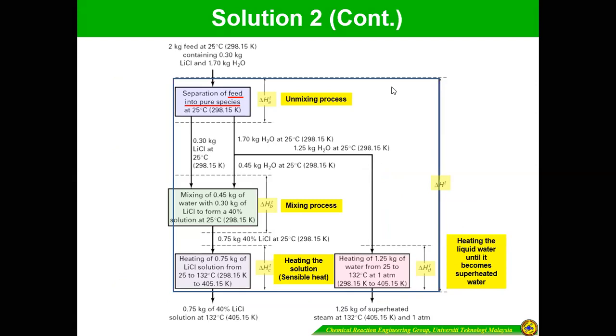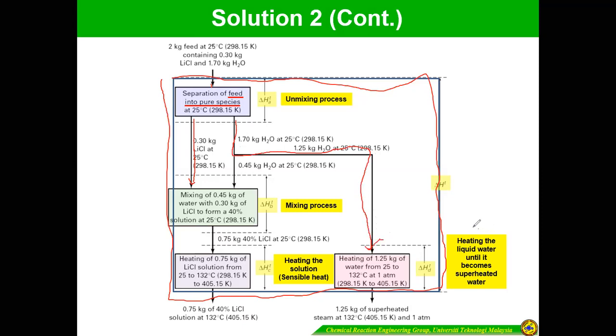If you look at here, this is your evaporator, right? You enter here and then separate the feed into pure species. Then 0.30 kilogram of lithium chloride is mixed with 0.5 of the water, and the rest goes out as superheated steam.